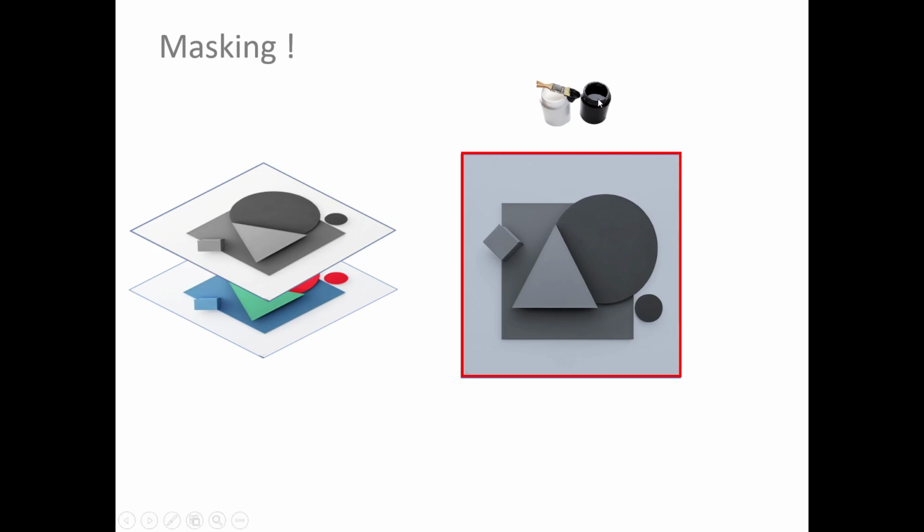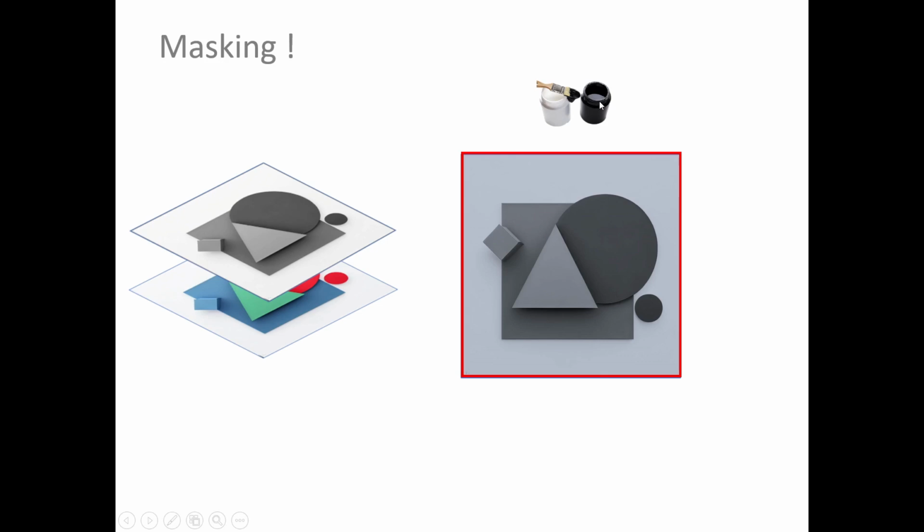So if you were to dip your brush inside the black ink, and say, for example, we wanted to see this triangle in green color, everything else will be in gray or black, and we just want to have the triangle in green color, what we are going to do is we'll dip our brush in the black paint, and we are going to come here and just simply paint this triangle black.